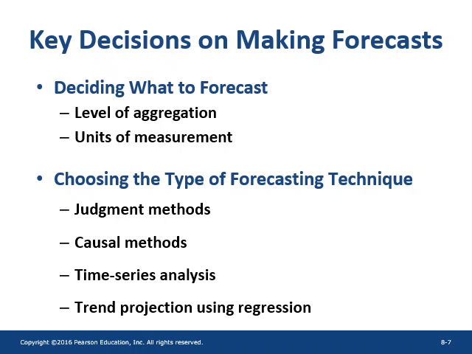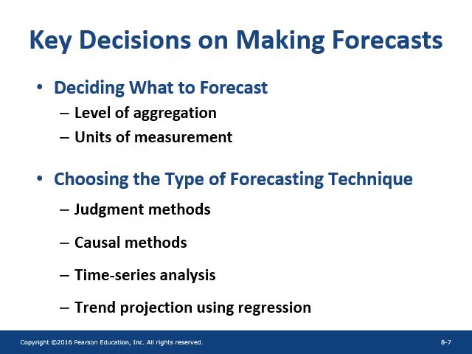sometimes we might even think about the length of time that we're dropping into the forecast. So is it going to be based on hourly demand, daily, weekly, monthly, or some other level of time aggregation? And then we might think about units of measurement. Again, this might be individual items that we're measuring the demand for.